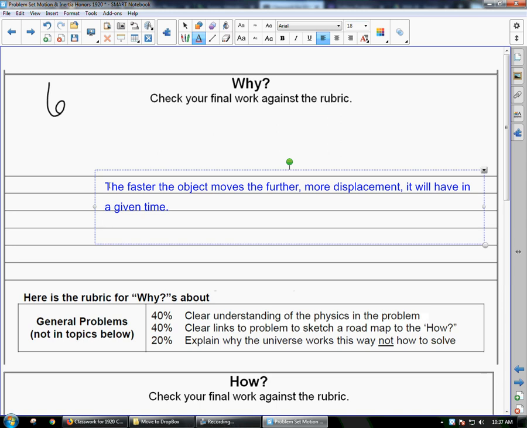Pretty straightforward, but true. This object is moving negatively, so the displacement will be negative.